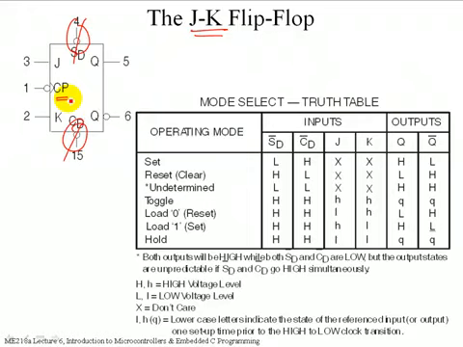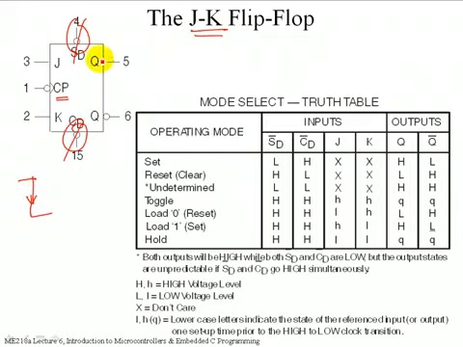Falling edge. The bubble says it's active low. The angle says this is an edge triggered device. So what we're going to be interested in are the falling edges on the clock.